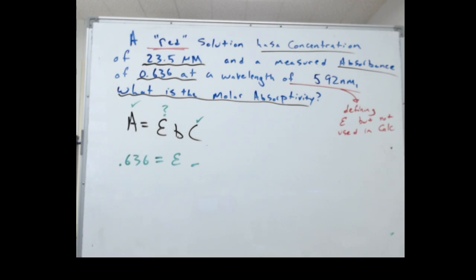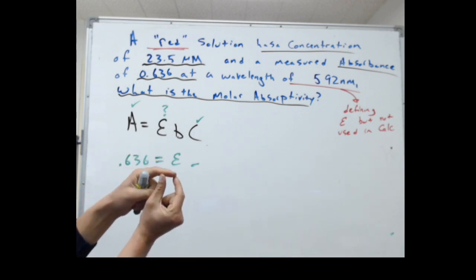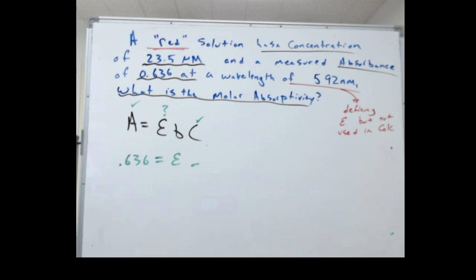One of the most common mistakes people make is they try to use the wavelength in for the path length. However, those are very different things. The path length is how far the light needs to travel inside the sample. The wavelength is a property of the light.